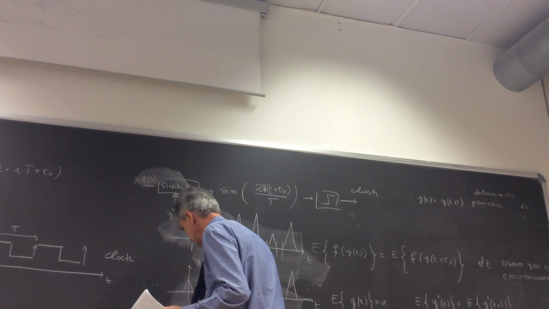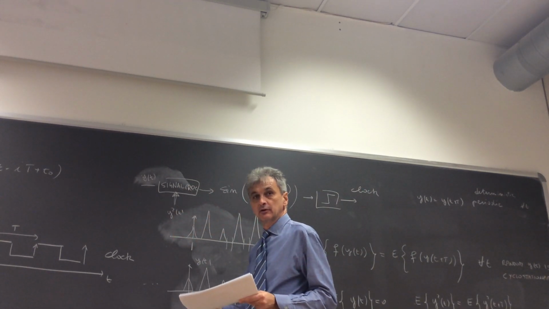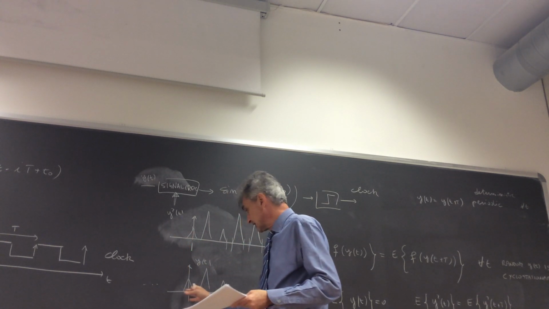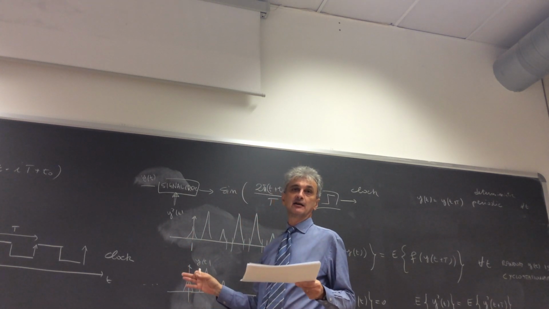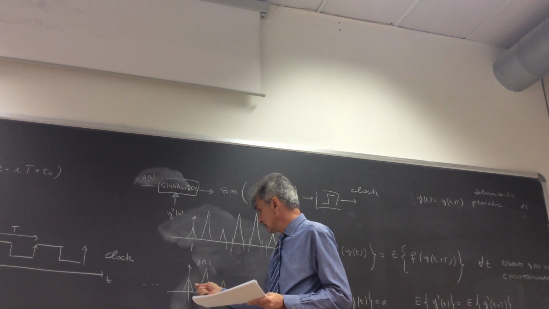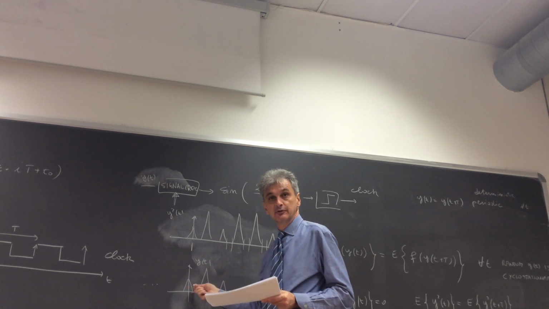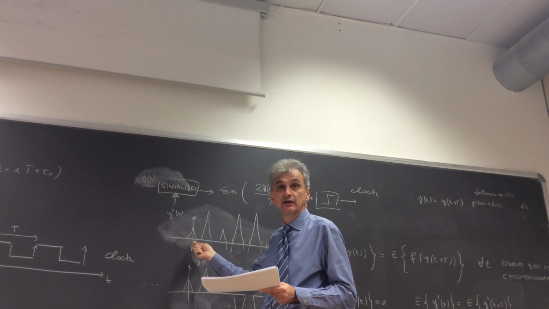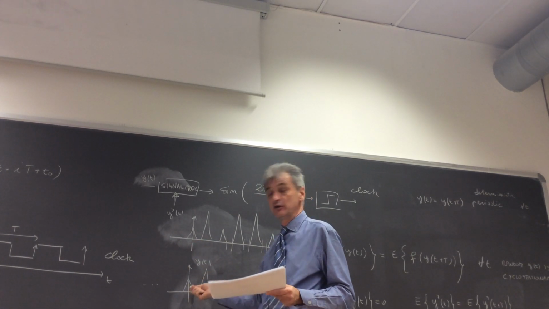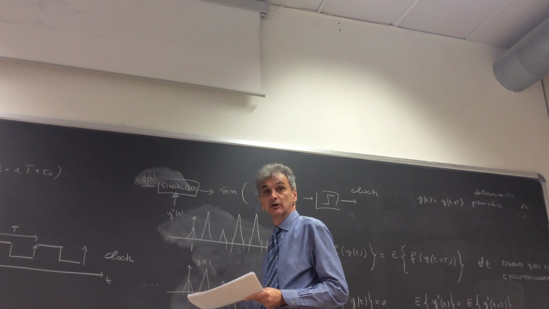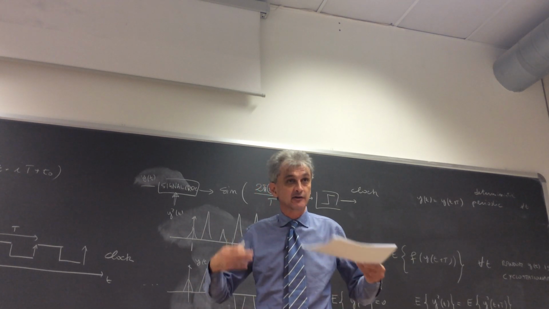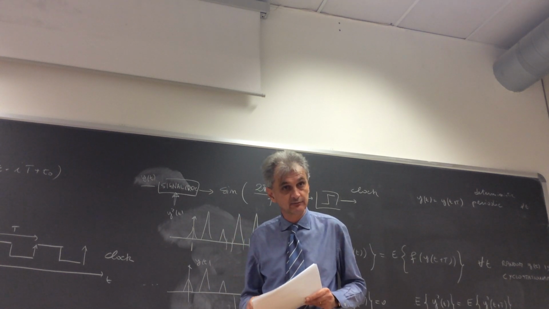Now, let's make this picture a little bit more complex. Suppose that the impulse response is not time limited. Then there will be some overlap between the two. And this overlap will be in some sense random, because it will depend on the random amplitude sequence. This will add other randomness to the signal.